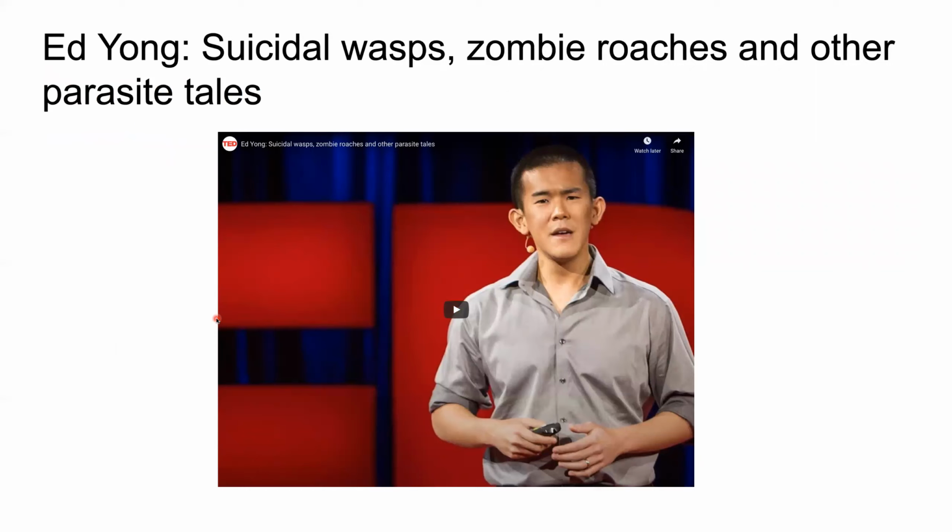All right, my last video is a TED Talk from 2013, which seems old now, but it's still one of the very best TED Talks I've ever seen. Ed Yong, who is the author of I Contain Multitudes, is really an expert in the microbiome. He talks about a variety of different parasites, their ubiquity on Earth, their contribution to the ecosystem, and how many parasites seem to be able to change the behavior of their hosts.